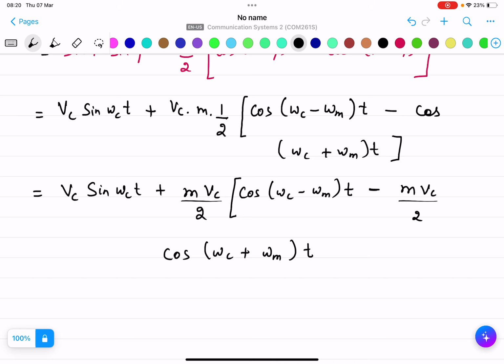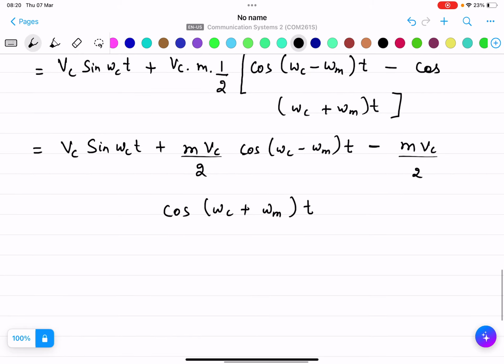So this is my formula here. I'm just deleting this bracket. There is no point of using this bracket here. So these are my three terms, what I get, right?